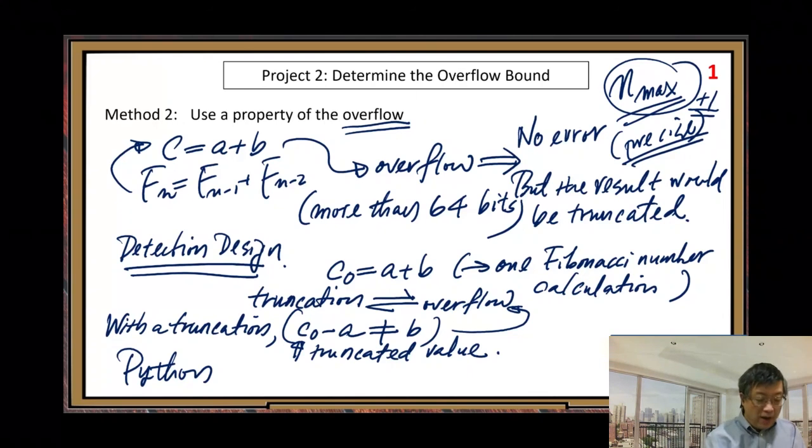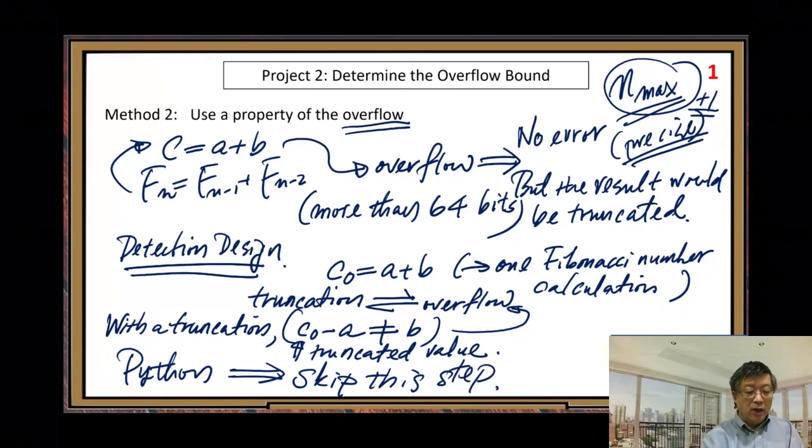So for Python, you can skip this step because you won't get it. I won't impose any penalty for the skip. You are fine because you try your best.